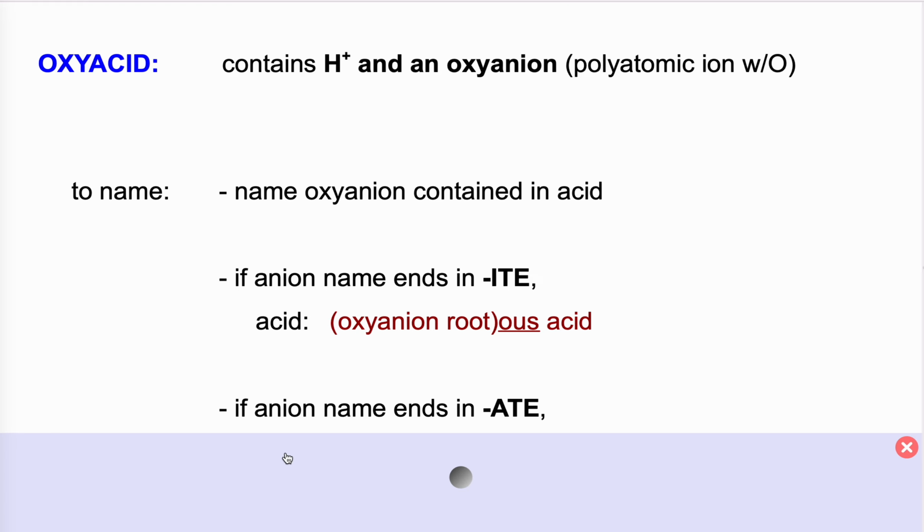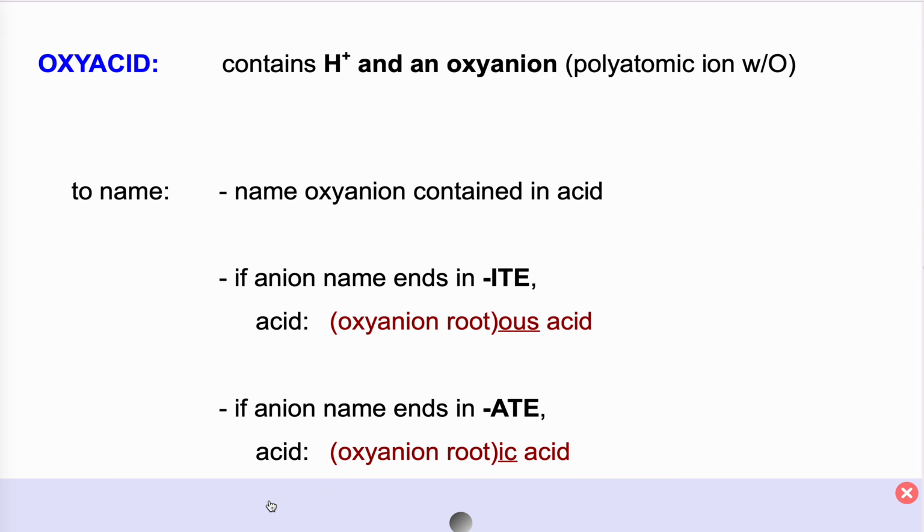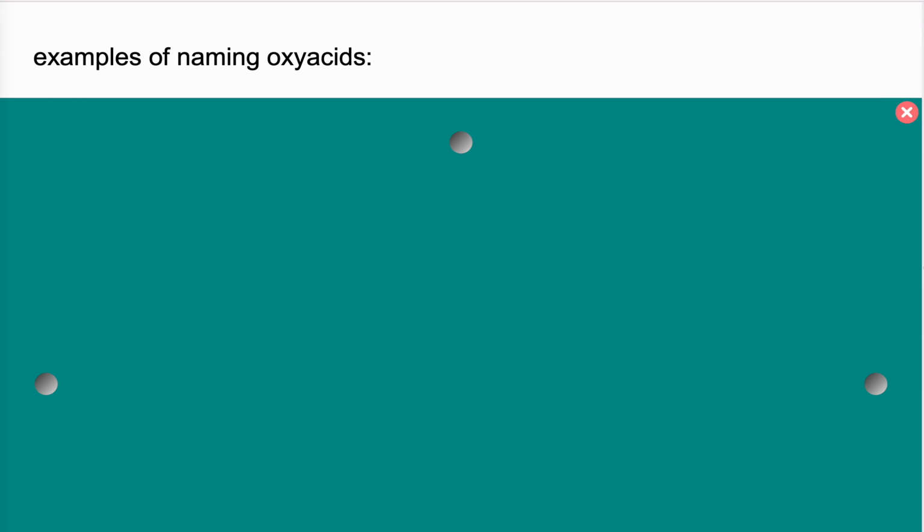On the other hand, if the name of the oxyanion ends in "ate," then we name the acid by taking the root of the name of the oxyanion, adding the suffix "ic," followed by the word acid. So ite anions form ous acids, ate anions form ic acids.